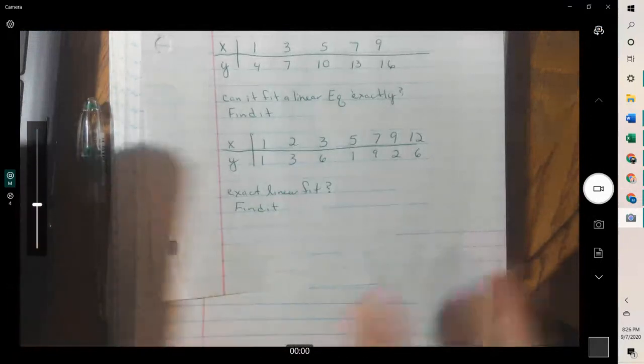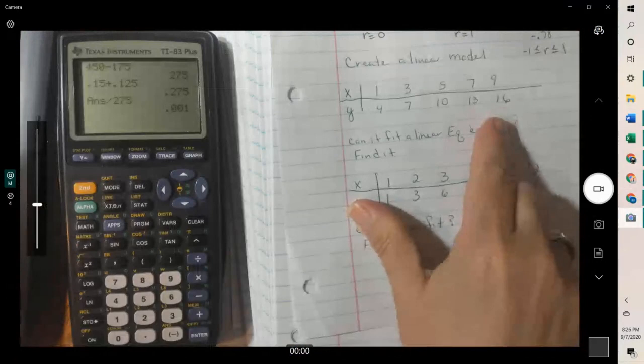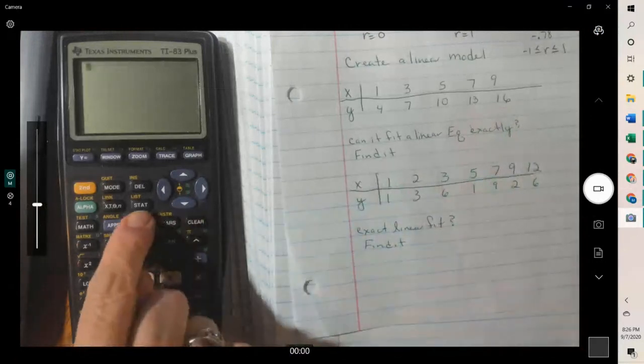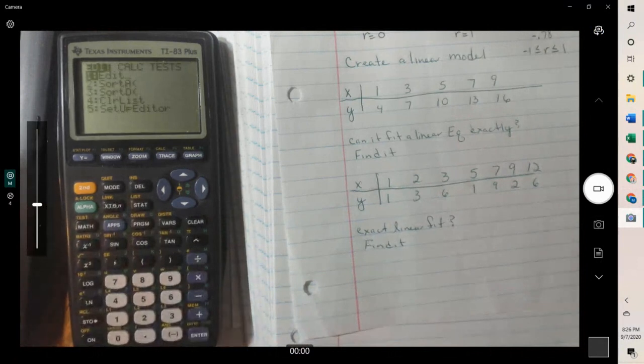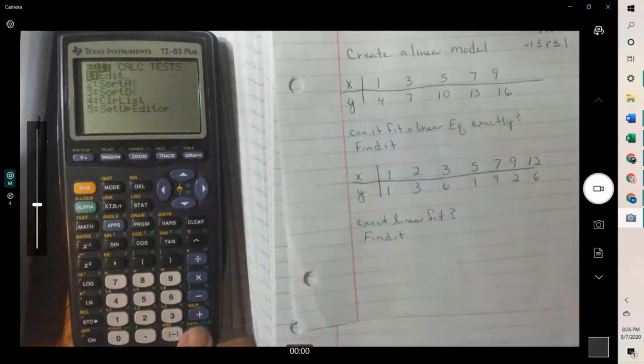So if you have these data values, to enter these into your calculator, use STAT. And then notice the first one says Edit, and hit enter.